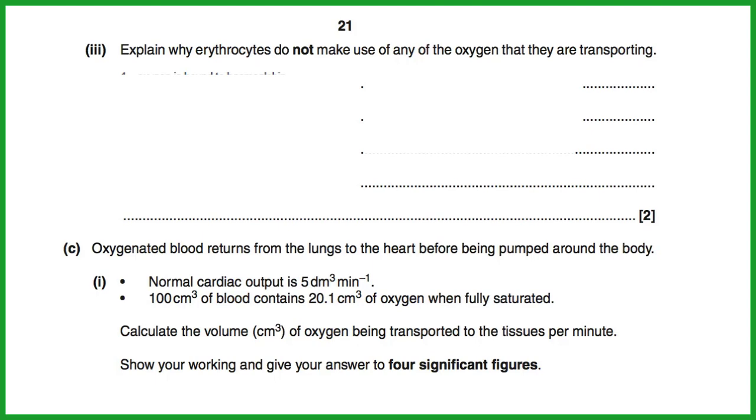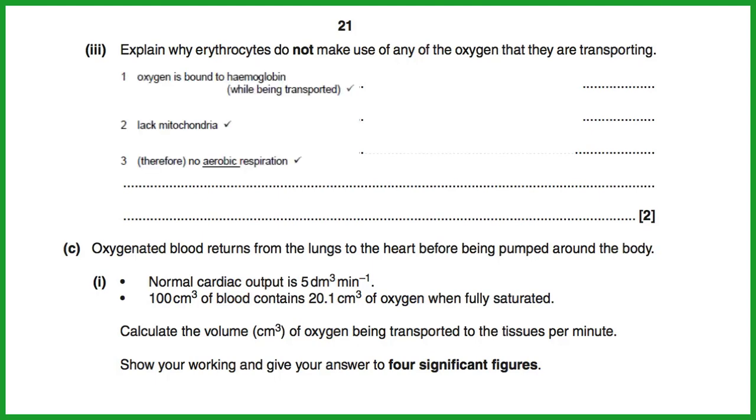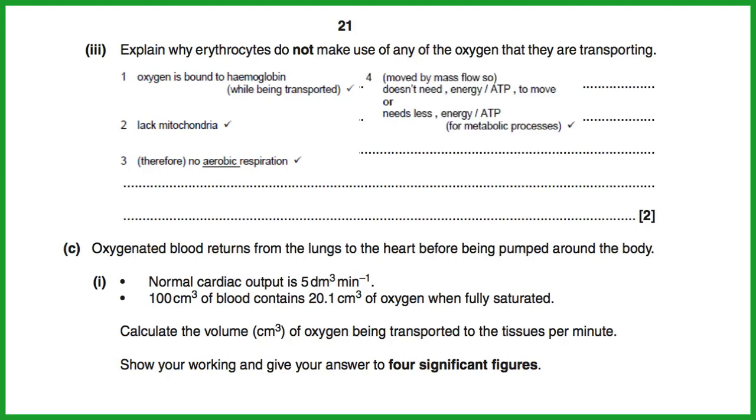Additionally, the oxygen is bound to hemoglobin as oxyhemoglobin. So all of these points were relevant: the oxygen is bound to the hemoglobin, they don't have any mitochondria, therefore they don't carry out any aerobic respiration, and they're moved by mass flow, so it doesn't need ATP to move it.